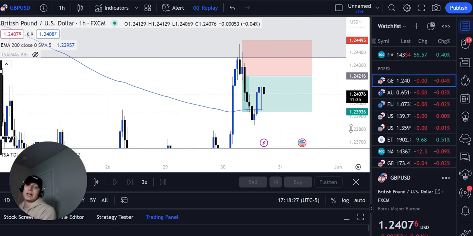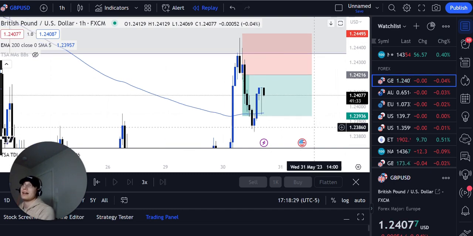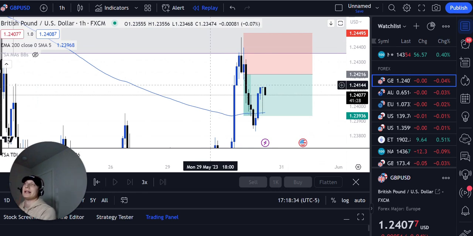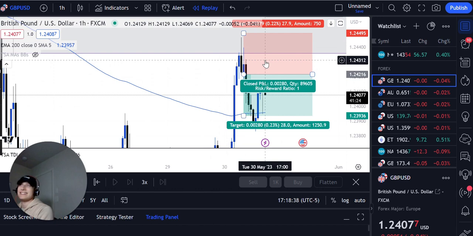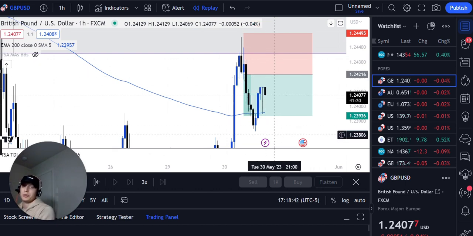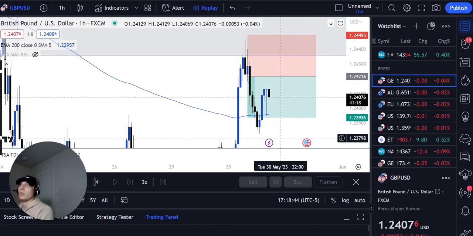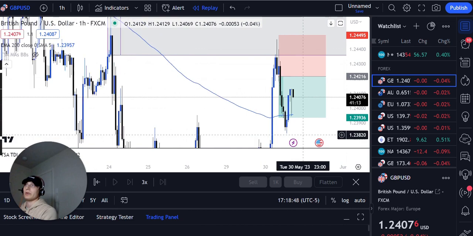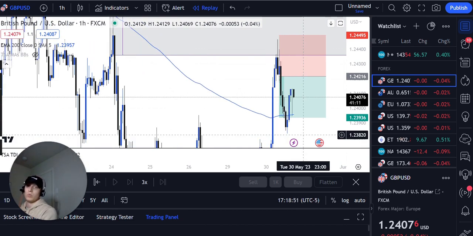So really, this was like a 1-to-1 risk to reward on the higher time frames. But if you went down lower, you probably could have got a better entry, say maybe a 10 pip stop loss, maybe 15 pip stop loss for 25 to 30 pips, which is pretty good risk to reward. But this is a high probability setup that I would have been even comfortable with taking a 1-to-1 on this.